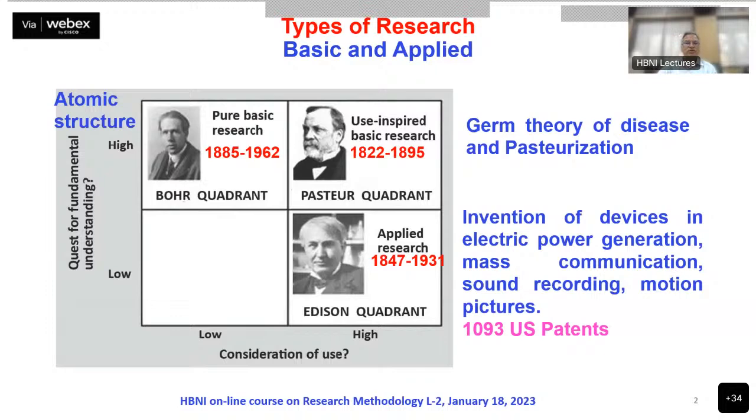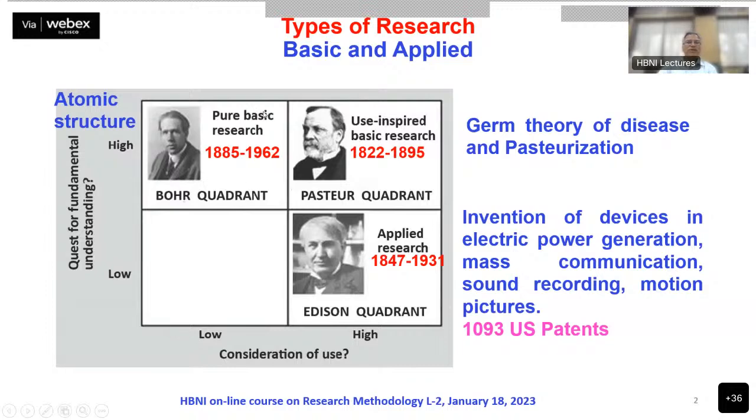You can see the x-axis and y-axis of this diagram. The x-axis is the consideration of use, that means the applicability of that research, from left to right, low to high. And on the y-axis, we have the quest for fundamental understanding, from bottom to top, low to high.